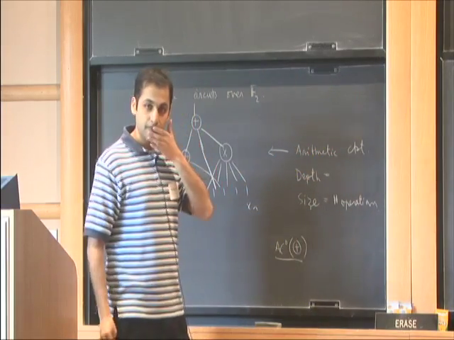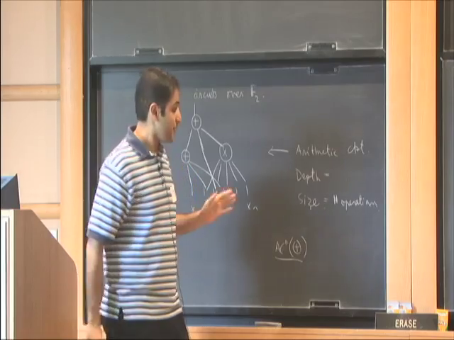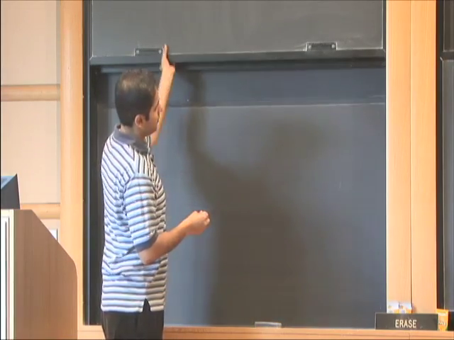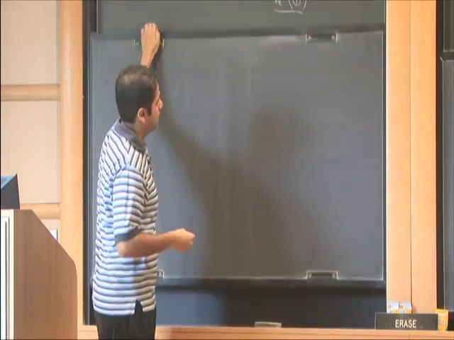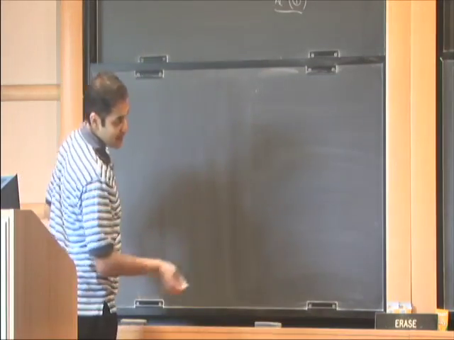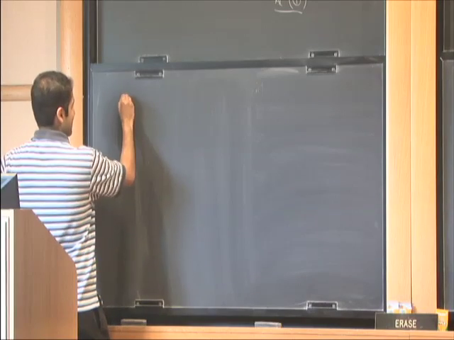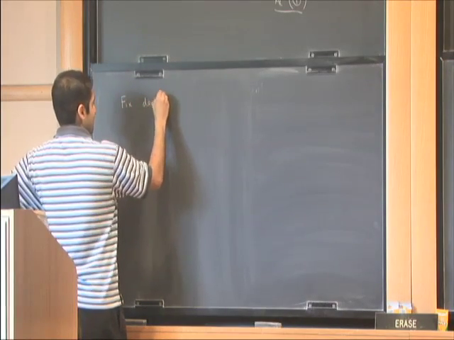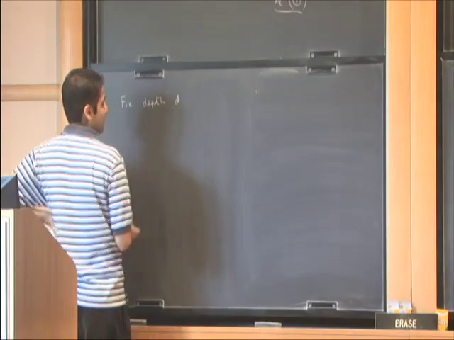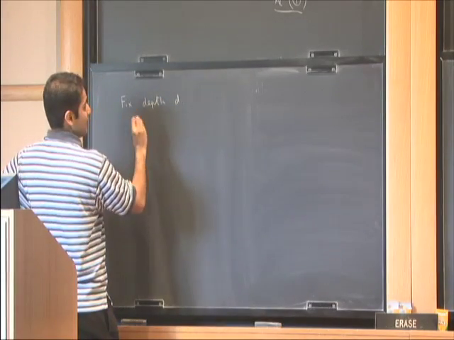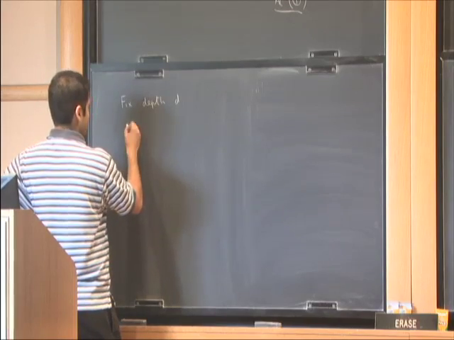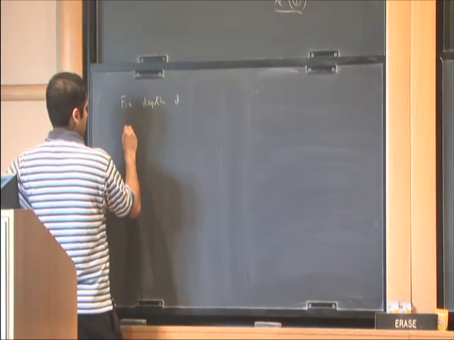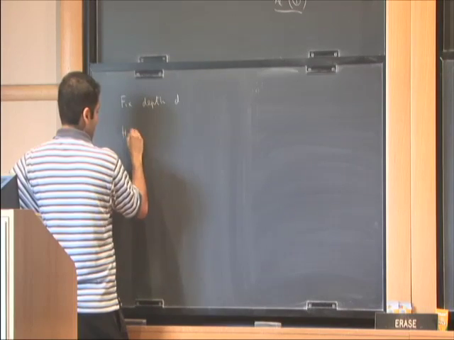When you say polynomial, is it polynomial in n? Polynomial in n, yeah. So another question of that kind which I want to ask and answer is: I fix depth d, a different d, and ask how large can the following be?